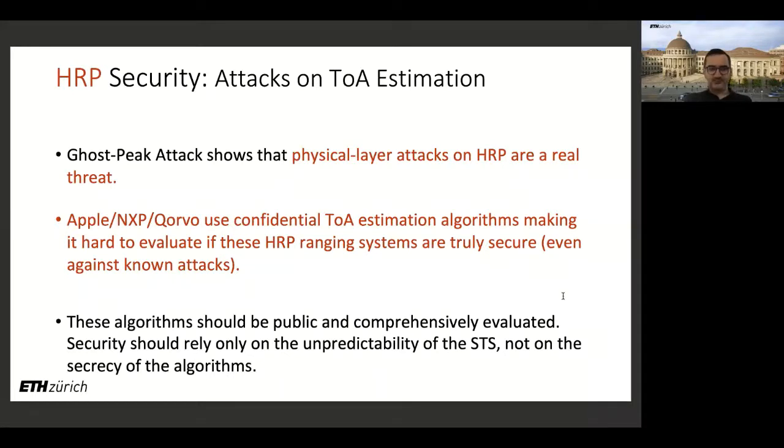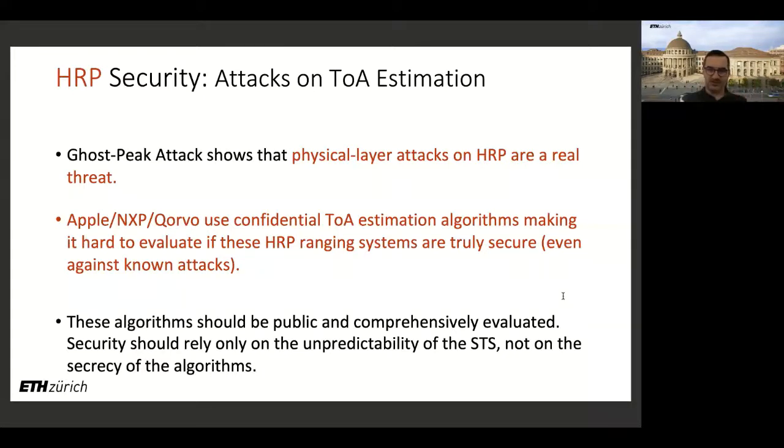What is also more worrying, especially for us as researchers, is that these companies do not really tell us how time of arrival estimation is done, right? So we know that the random 4092 pulse bit sequence is being used and is being transmitted, and we can observe that, we can record those signals, and we can see the pulses. But what we cannot do is, we don't know how they are being processed at the receiver, right?